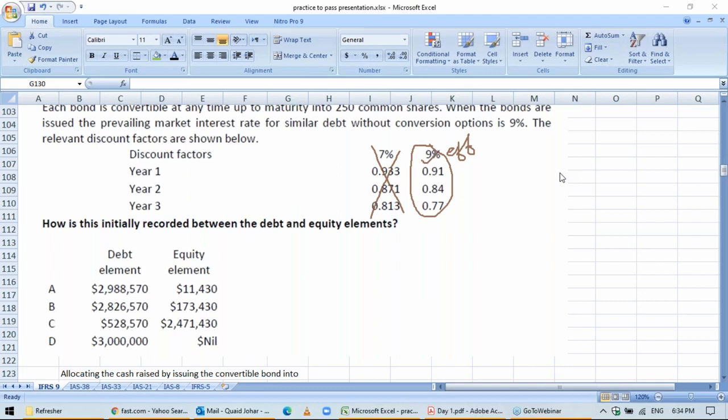So when calculating present value, when determining the liability amount and the equity amount of the convertible bond, we will be using the effective rate, right? Okay.